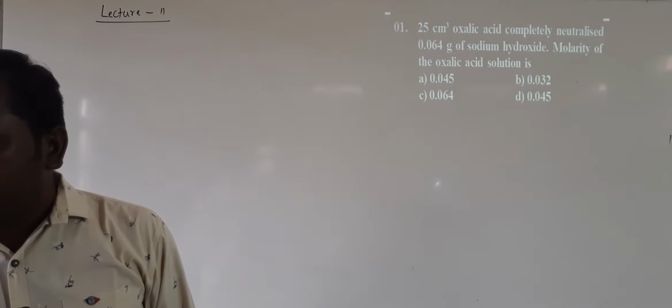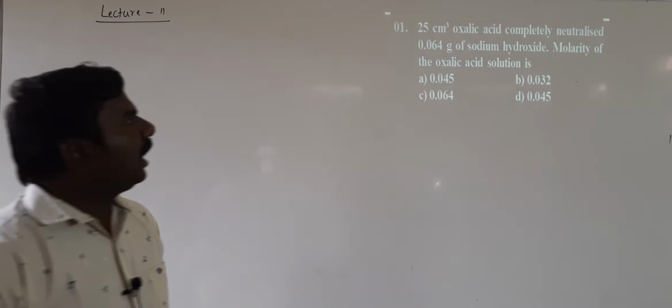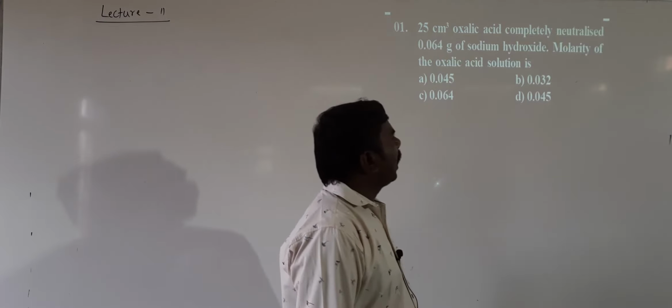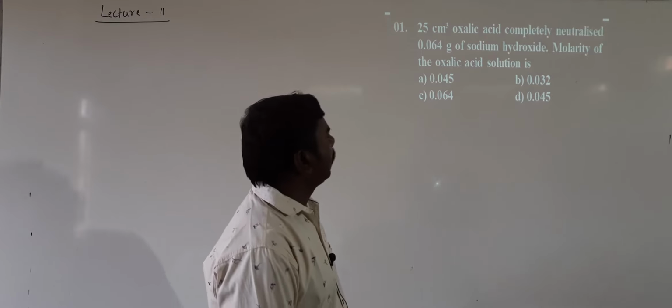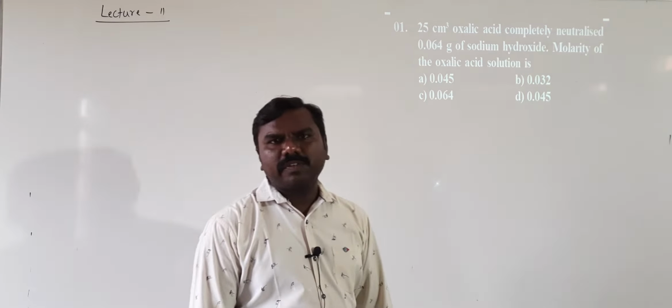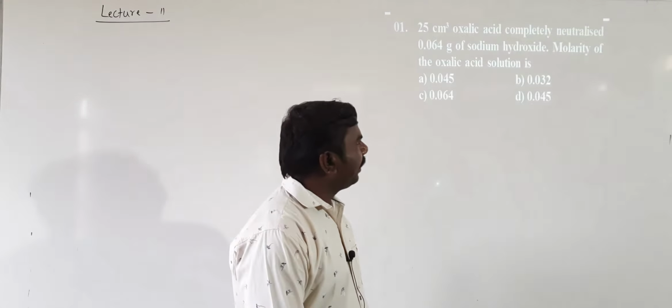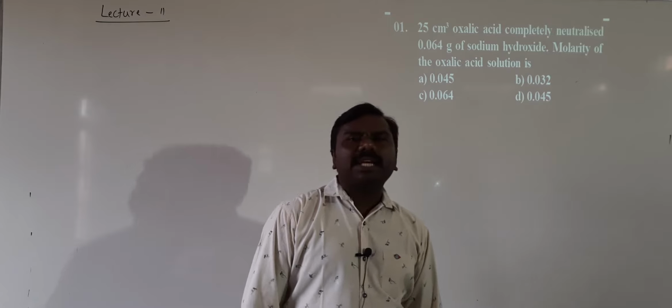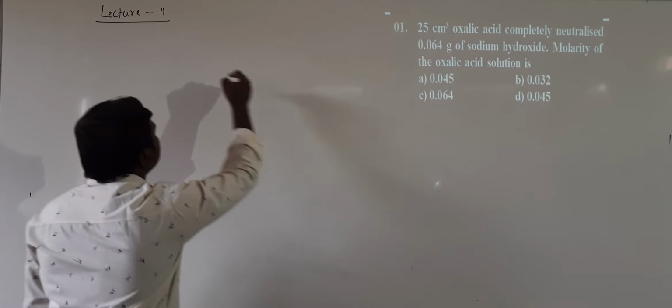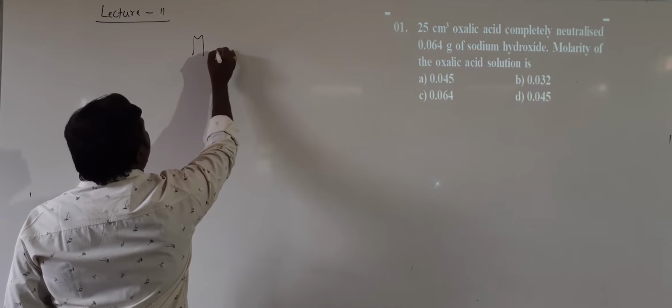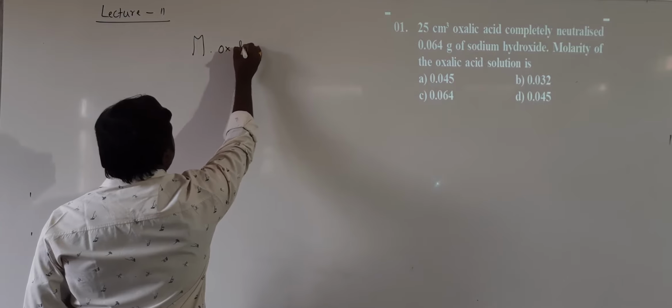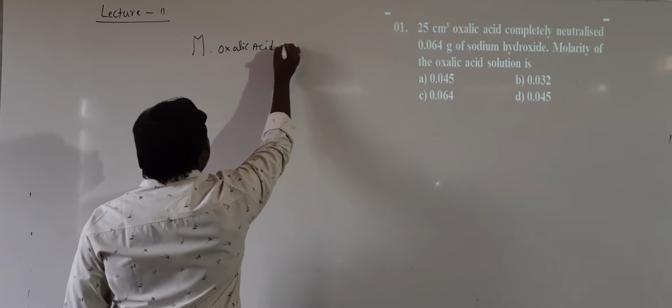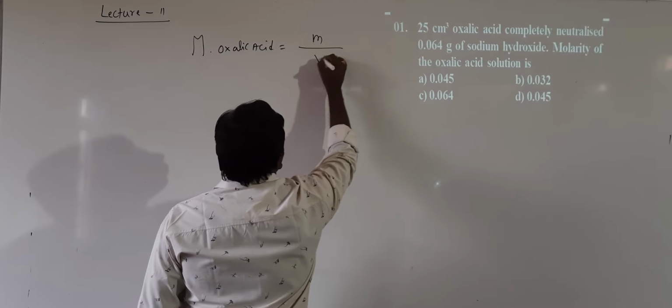Now the first one: 25 cubic centimeter oxalic acid is completely neutralized with 0.64 grams of sodium hydroxide. The molarity of oxalic acid is asked. Formula is moles by volume in liters.